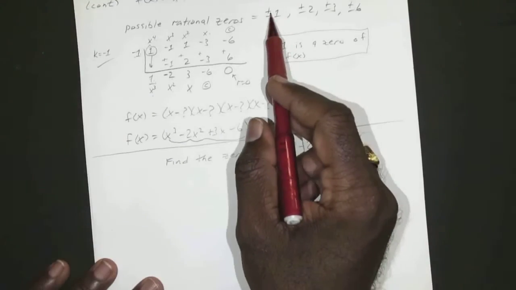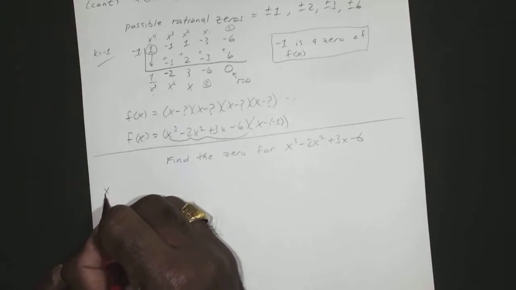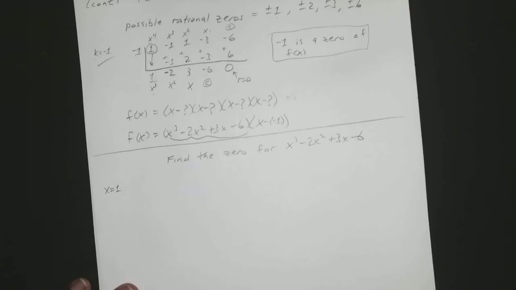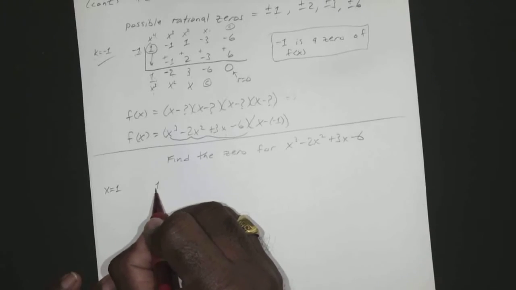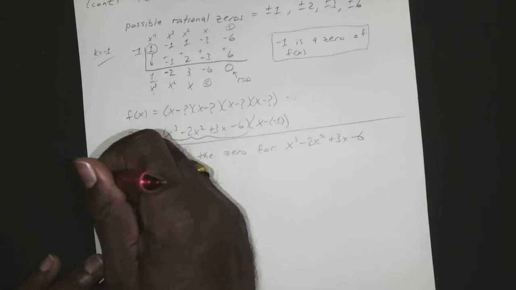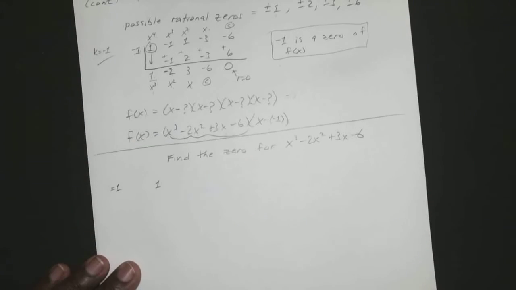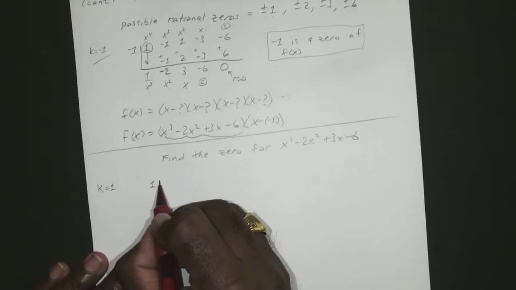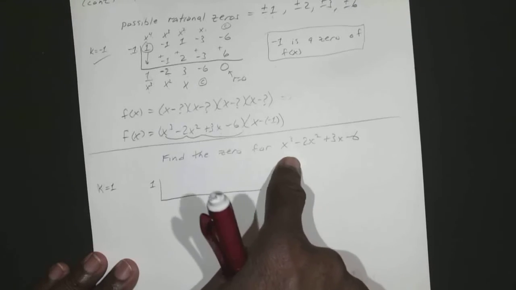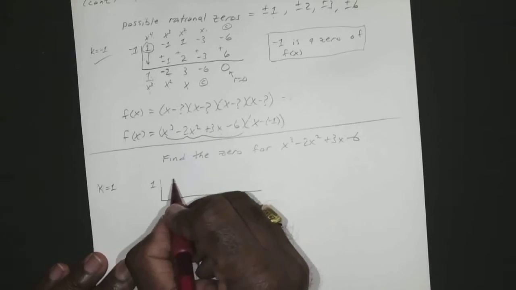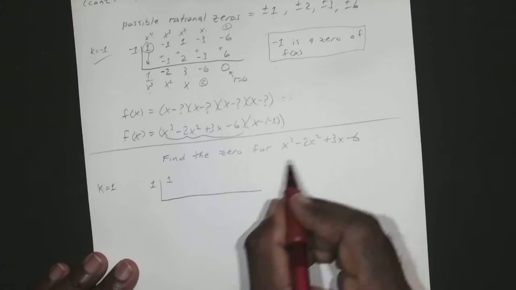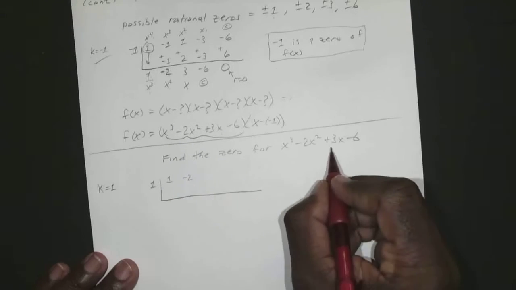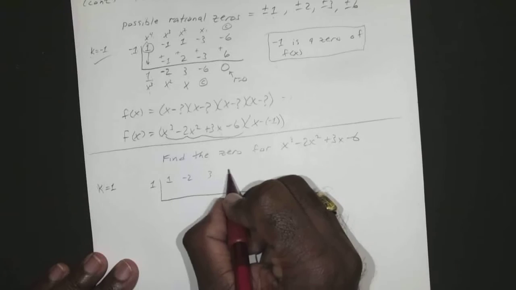So we still have +1. Not x equals 1, k equals 1. Sorry about that. Now we use these coefficients: 1, -2, 3, and -6.